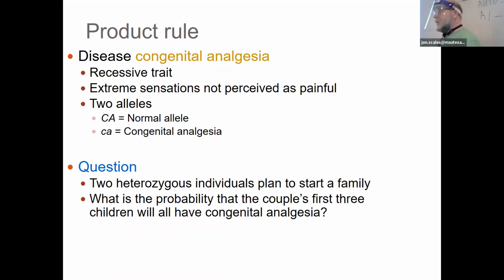What's the probability that their first 3 kids would have that phenotype? Well, they're going to have to inherit 2 copies of the mutant allele to do that. And we can use a Punnett square, or our known Mendelian phenotype or genotype ratios, to know what the probability is. So the probabilities in genetics that we're getting are those probabilities of the gamete formation.